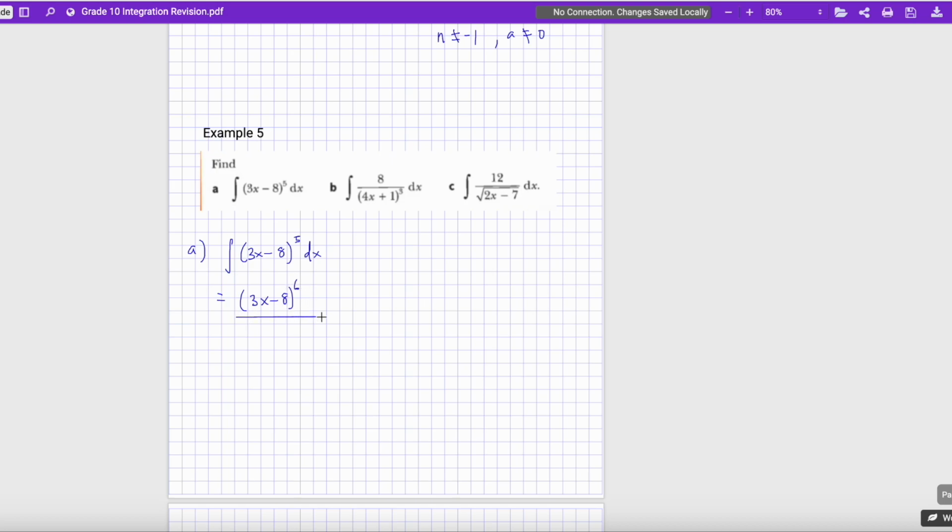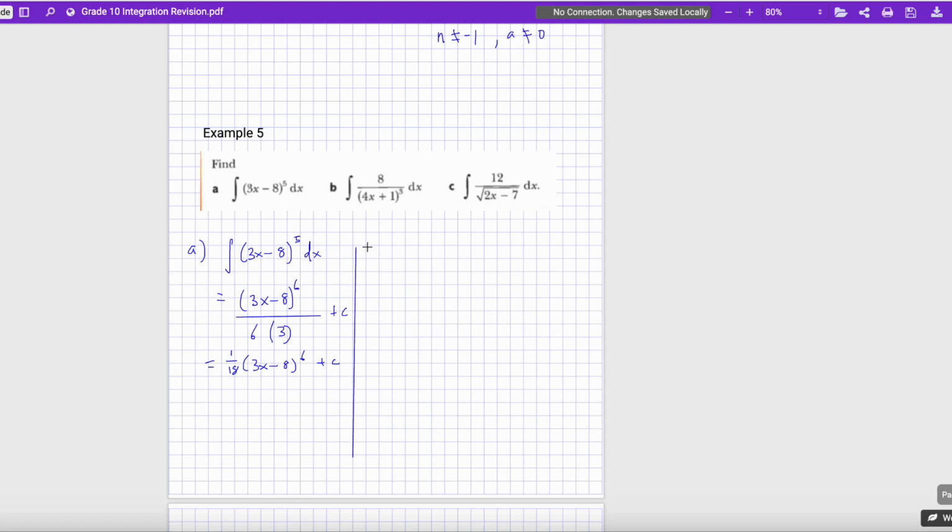We're going to divide by the new power, in this case 6, and we will divide by the differential inside the bracket, in this case 3. Alright, we're going to plus c. We can simplify that: 1 over 18 (3x - 8)^6, plus c. You can pause the video right now and try B and C yourself, and you can come back, unpause it, and check your answers.